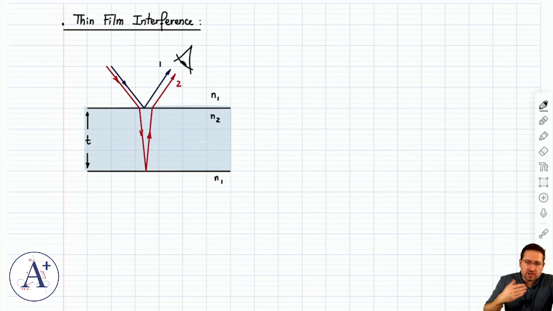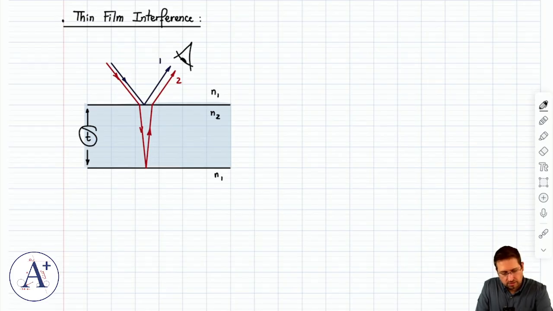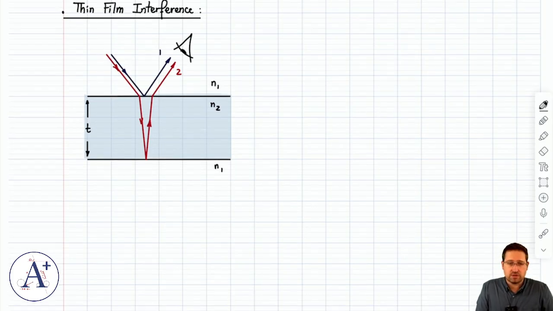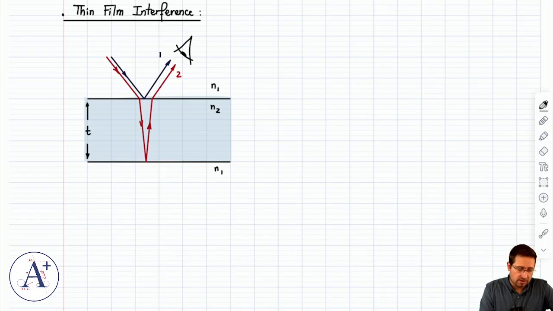So that is what thin film interference is about, and I stress again that these films are incredibly thin, and it's fine because the wavelengths that we deal with are incredibly small. I mean, they're on the order of the hundreds of nanometers. So, you know, even if this is a micron, that's actually a lot compared to 100 nanometers. It's 10 times, you know, the wavelength.